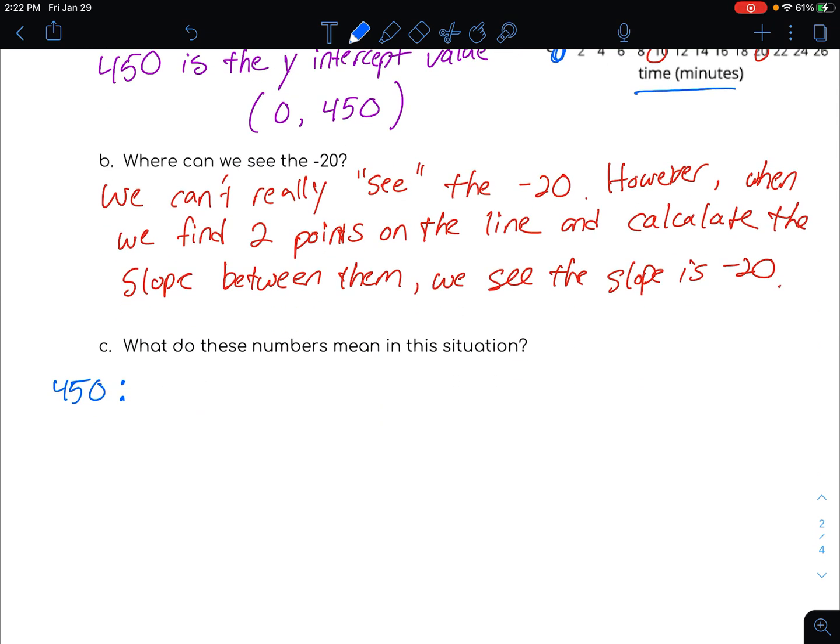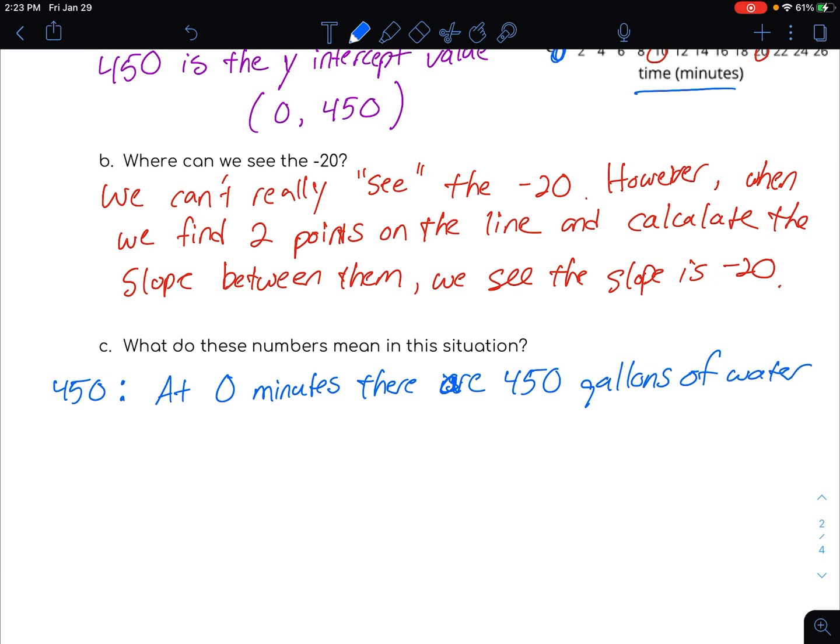So at 0 minutes, there are 450 gallons of water. In other words, the tank starts with 450 gallons. Sometimes we think of the y-intercept as the starting point.